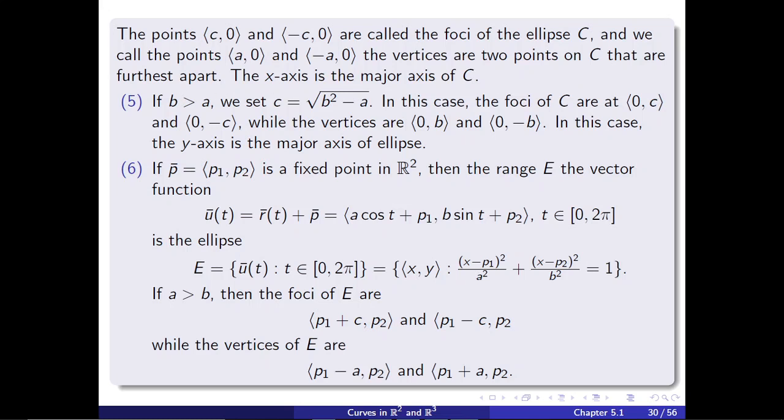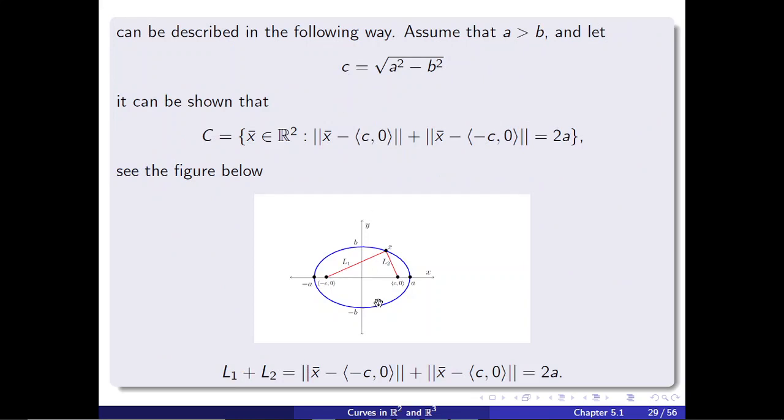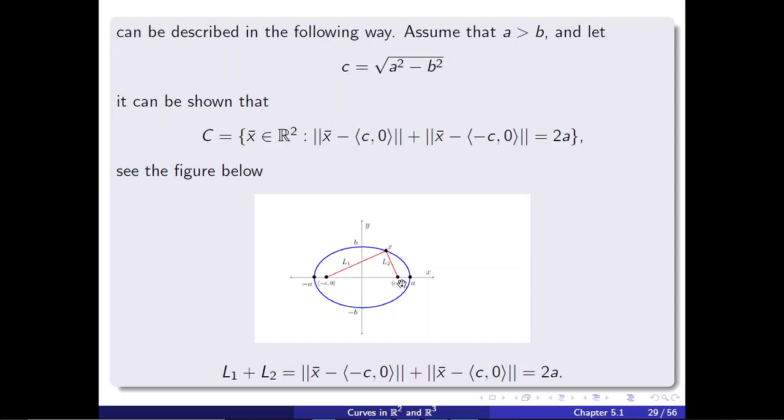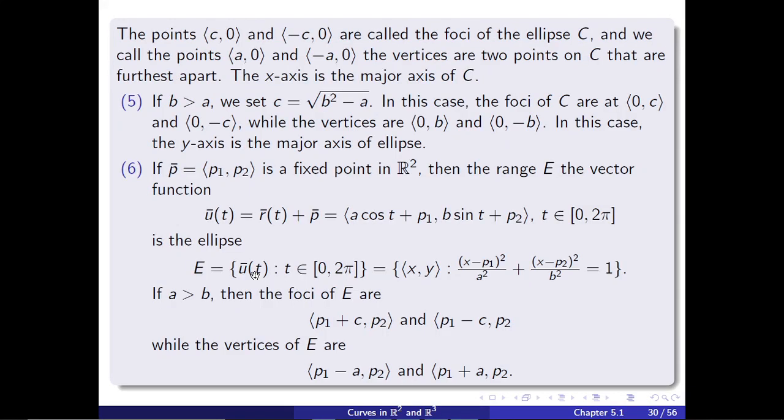Right, so the x-axis is the major axis of C. You see, the one with the points that are furthest apart. So because here we assumed a is greater than b, this is going to be the one with the points that are furthest apart, right? And we then call the x-axis in that case the major axis.